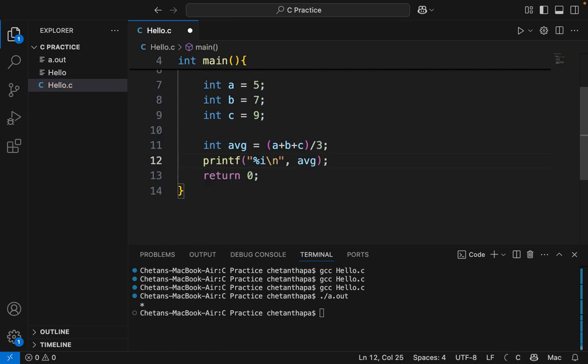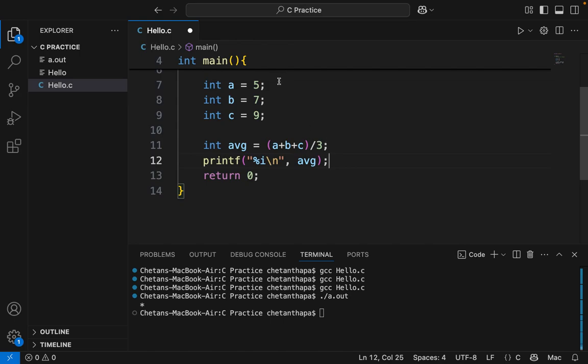Can you guess what the answer should be? So 5 plus 7 will be 12. 12 plus 9 is 21. Divide by 3, so 21 divided by 3 is 7. Its average should be 7, right?